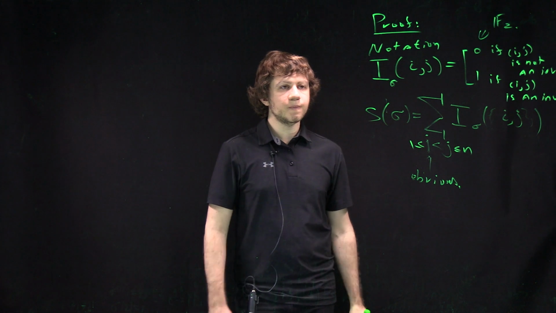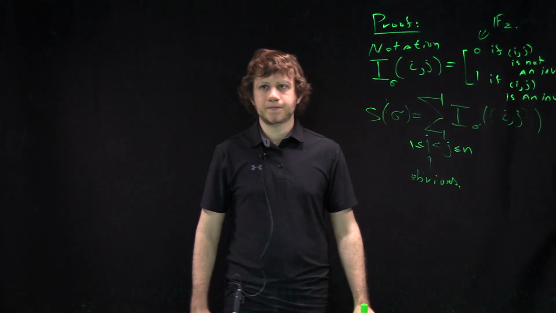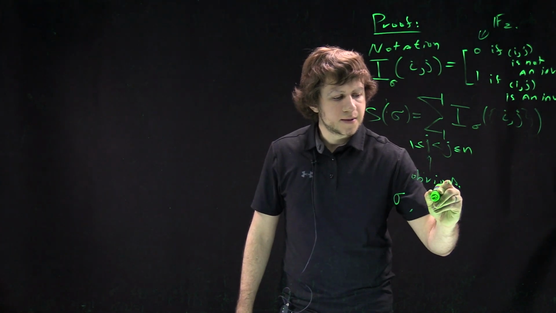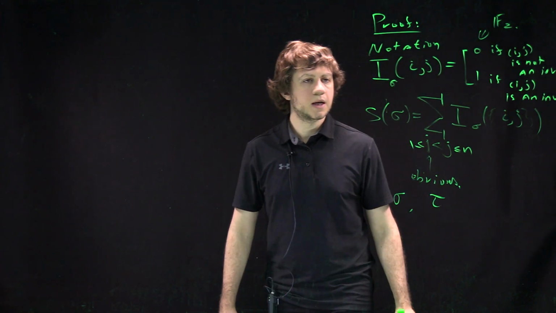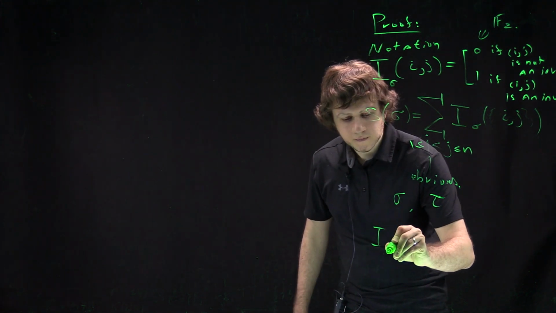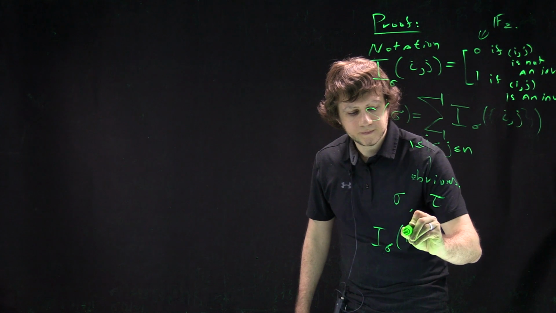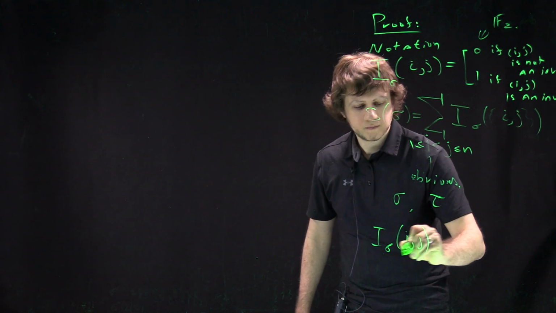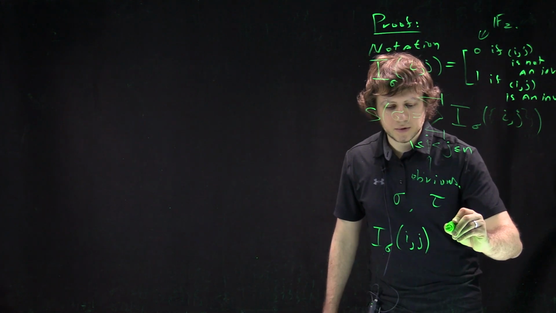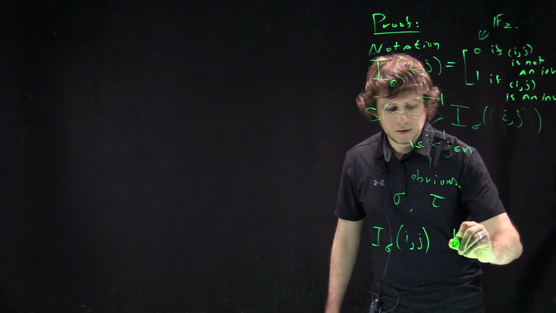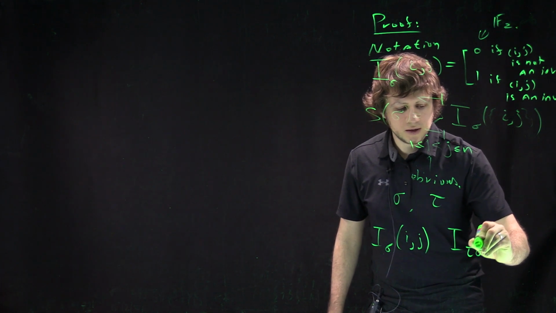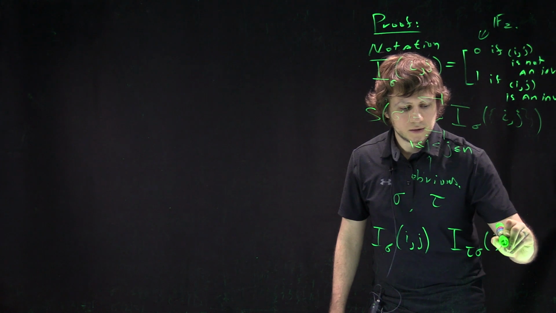Okay. So then here is a question. Let's look at the following numbers. Let's suppose we have sigma, and let's suppose we have tau. Let's look at numbers I sigma of ij, and then let's look at numbers I tau sigma of ij.